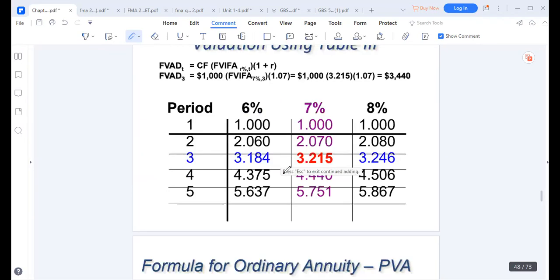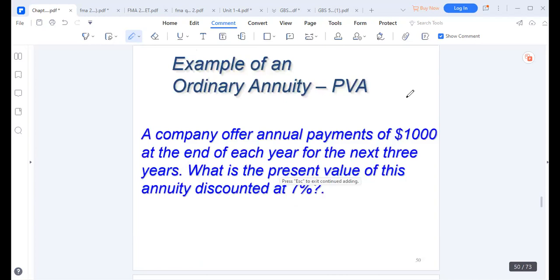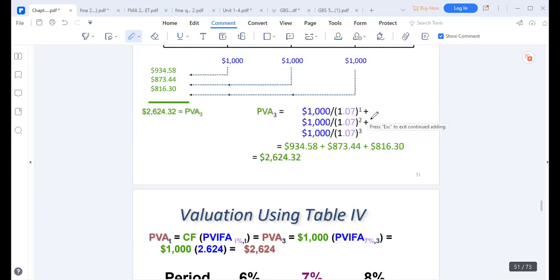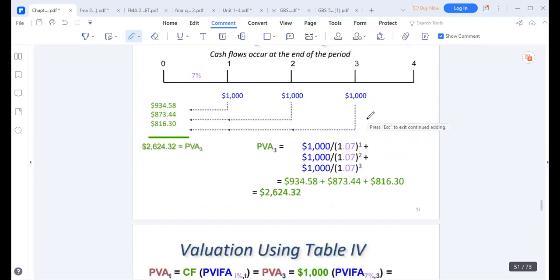Then the ordinary annuity present value, getting down to the other one. The present value is just discounting, it's the opposite.